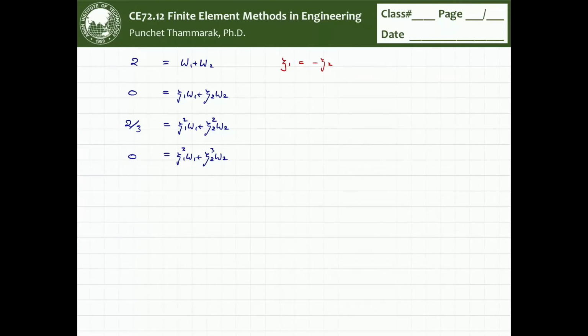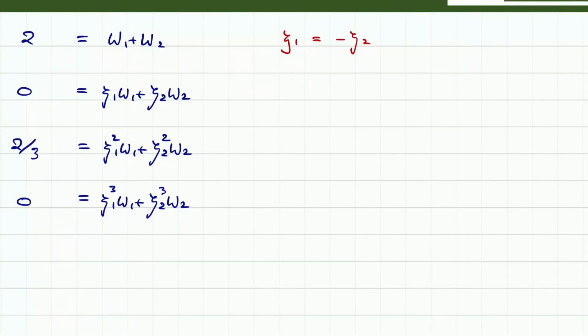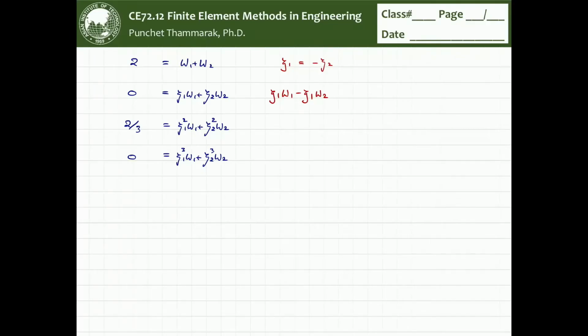For the second one, if C1 is equal to C2, then C1 W1 minus C1 W2 equals 0.